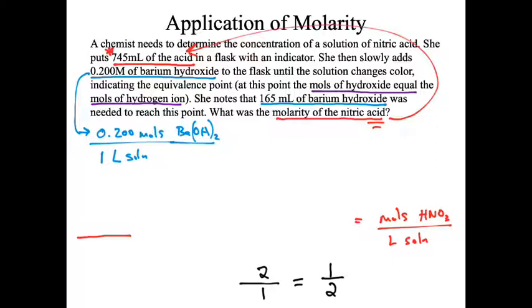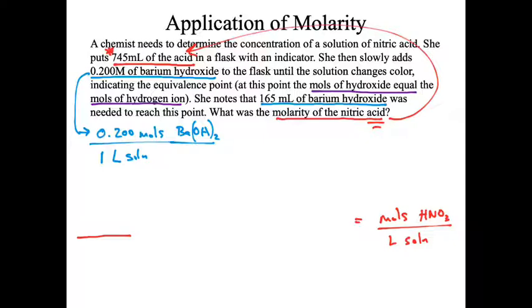I want the right to look like the left, which means if volume of solution shows up in the denominator, where does it need to show up on the solve part of my equation? In the denominator. Okay? And I already went through and starred our 745 milliliters of acid. Okay? And I think that's because you guys suggested that.